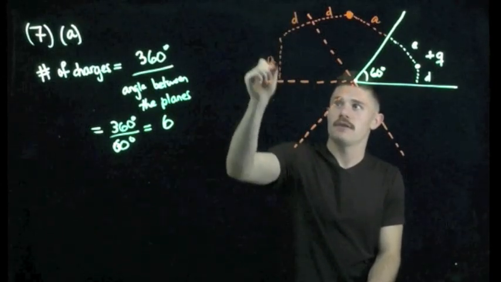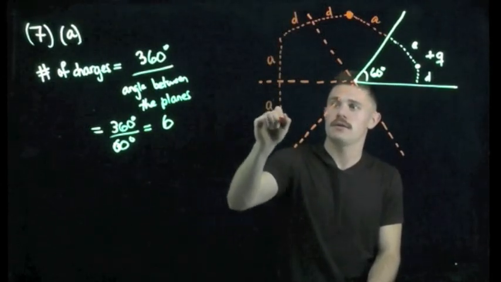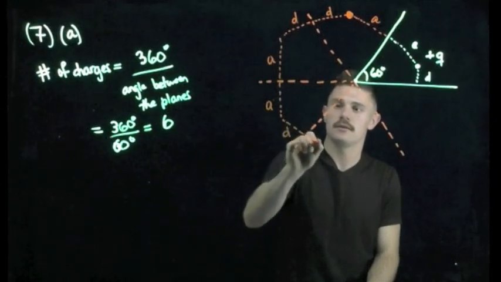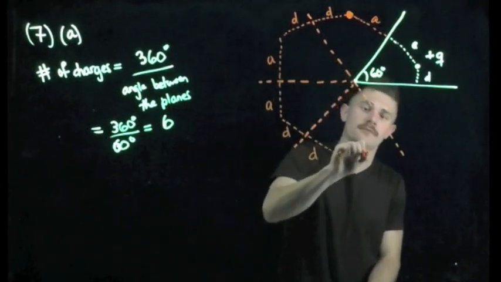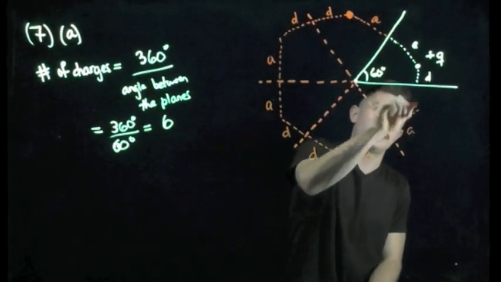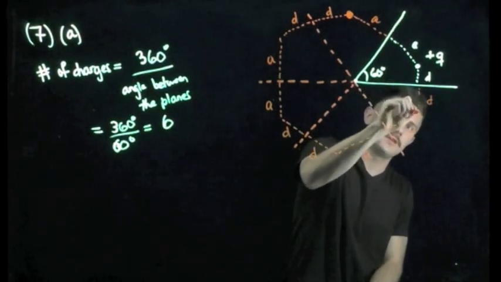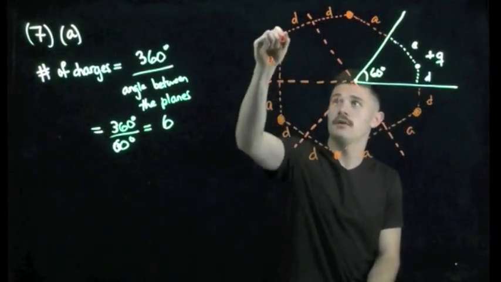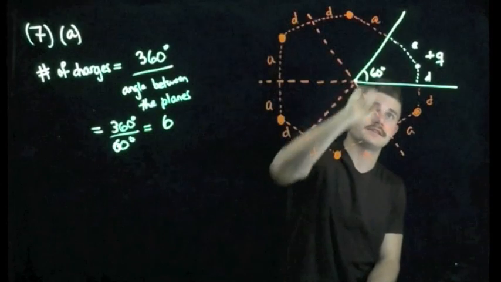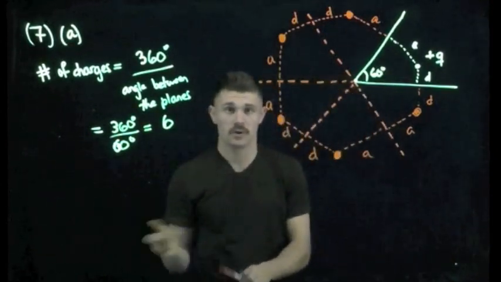We'll go down here and have a, again a, here d, here d, and finally a and d. And this gives us 1, 2, 3, 4, 5, 6 total charges, which is what we expect.